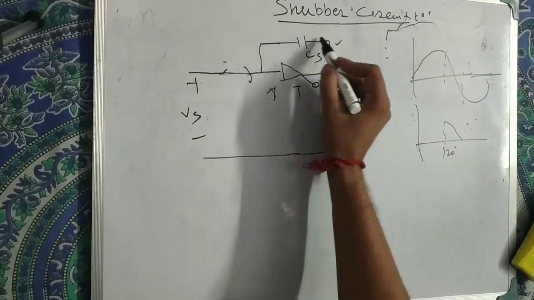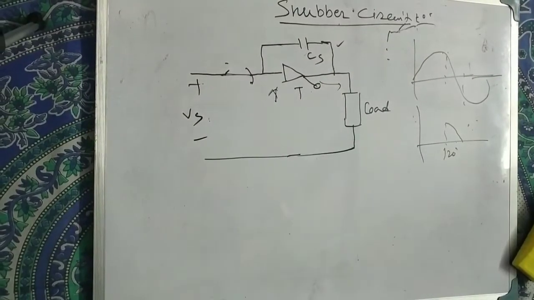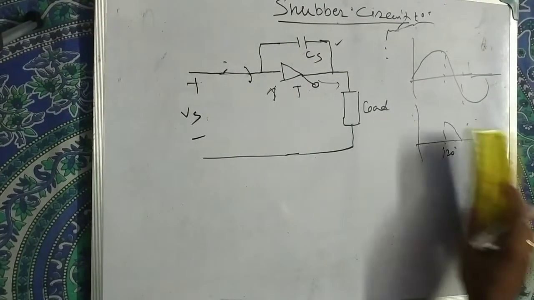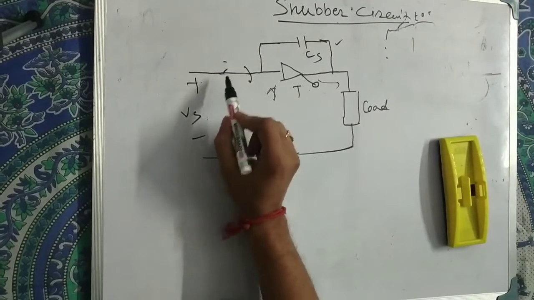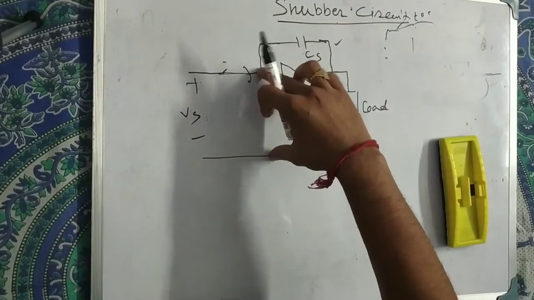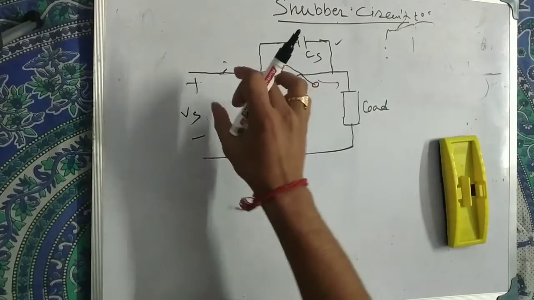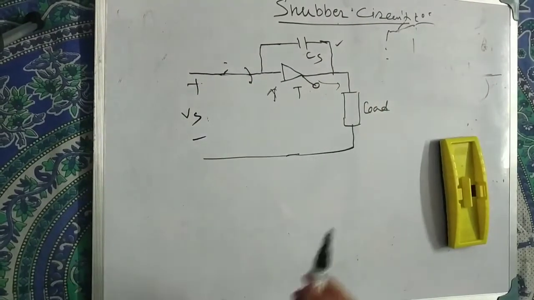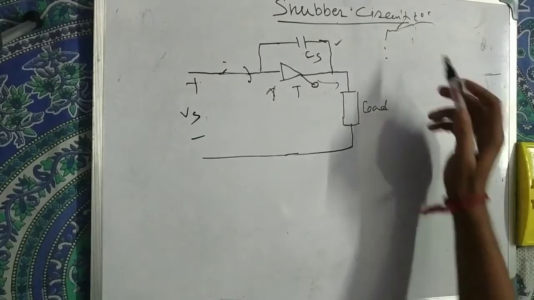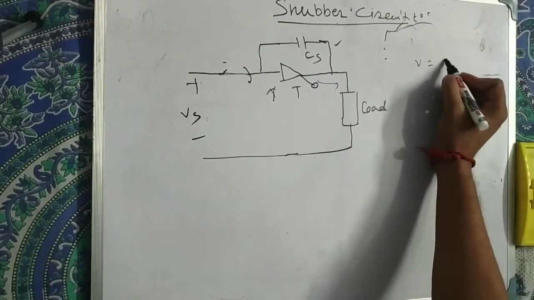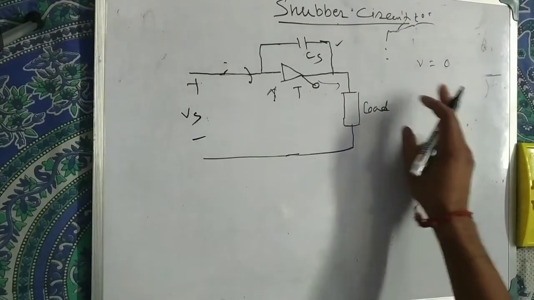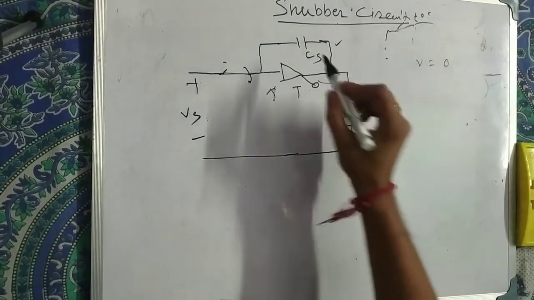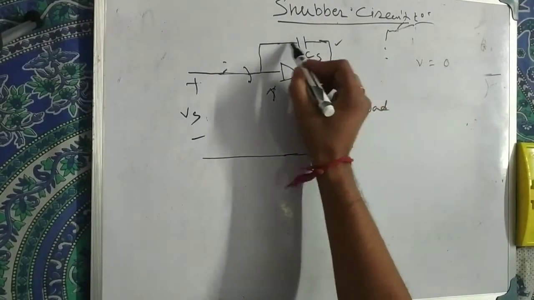So a parallel capacitor is placed across this SCR. What is the function of this parallel capacitor? Whenever the high dv/dt is applied across this parallel combination, this dv/dt is also applied across the capacitor. We all know the capacitor's initial voltage will always be 0. When charge is 0, voltage is 0, and voltage 0 means it will act as a short circuit.